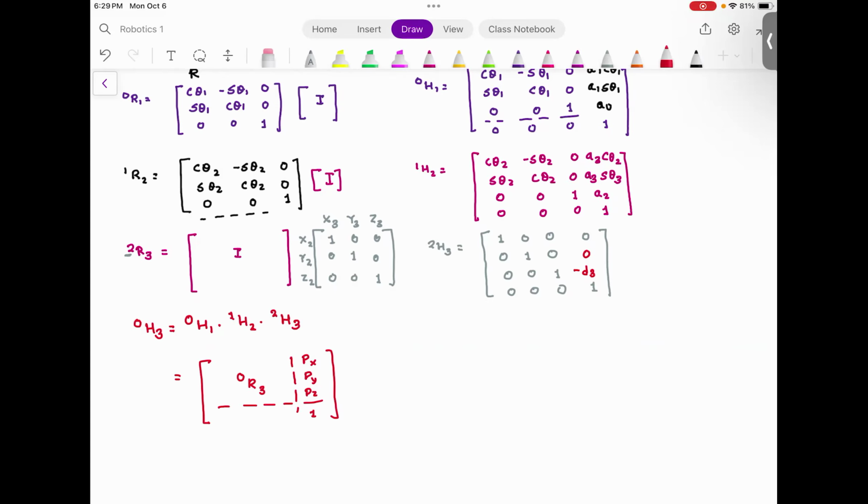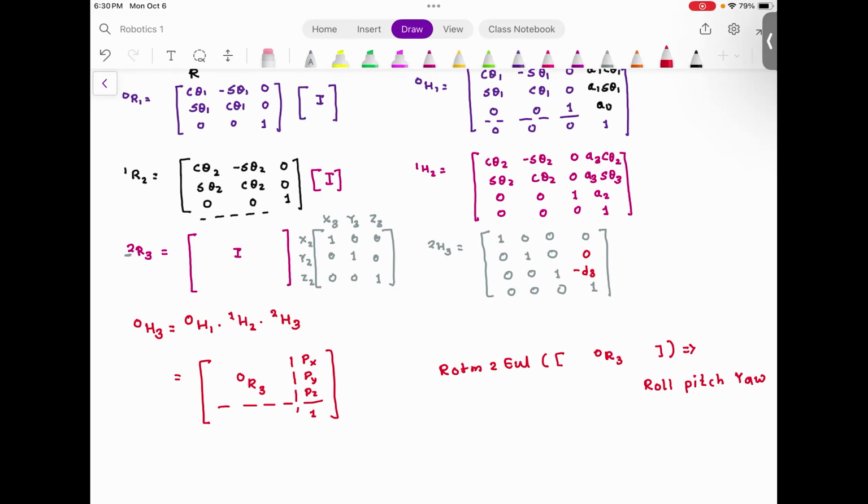The easiest way is to use the MATLAB command rotm2eul, so rotation matrix to Euler, and then supply this rotation matrix 0r3, and that will give you roll, pitch and yaw.